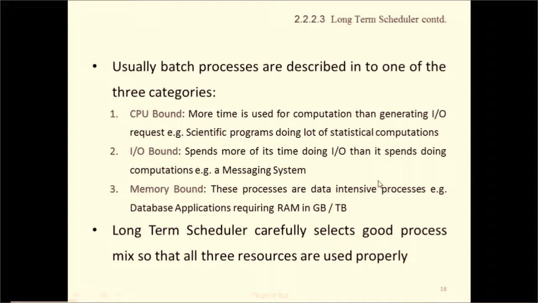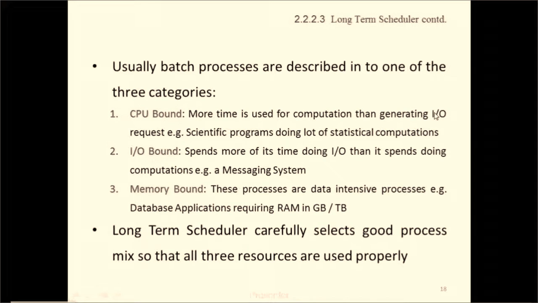Usually batch processes are described into one of three categories. This is interesting, and remember this, and then you will understand why a long-term scheduler is needed and why a good mix of batch is also needed. There are certain processes which are said to be CPU bound processes. A typical feature of these processes is that more time is used for computation than generating IO requests.